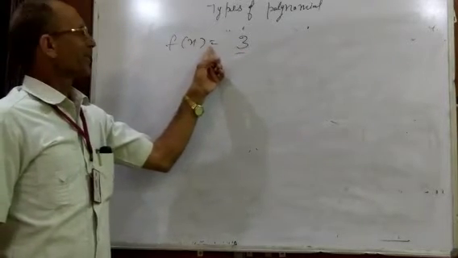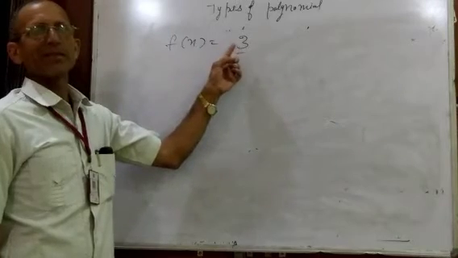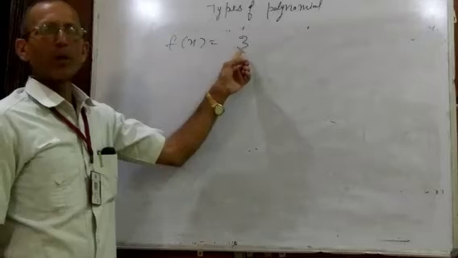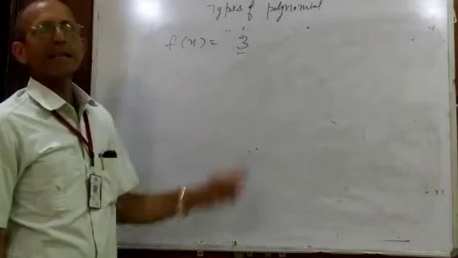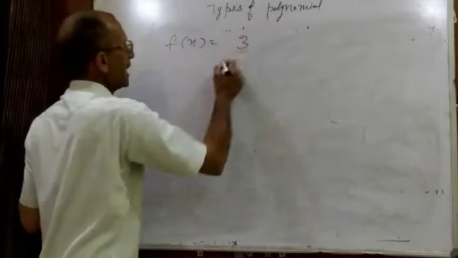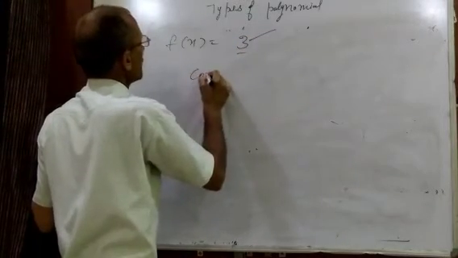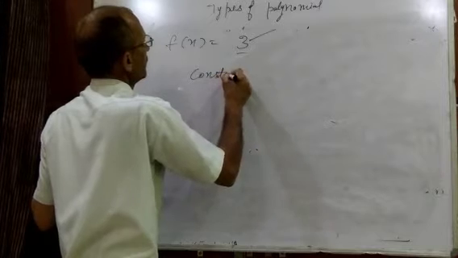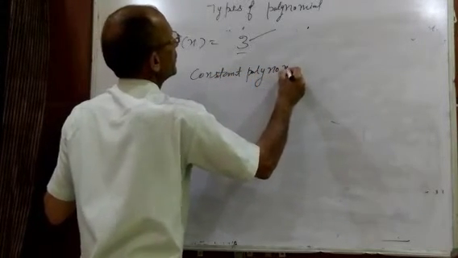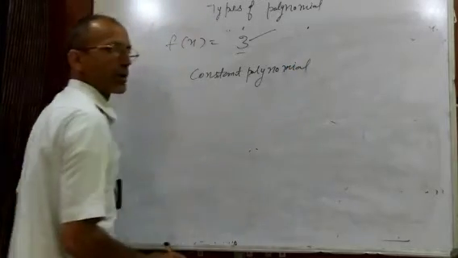Tell me which type of polynomial this is? This is a constant polynomial because the power is 0.